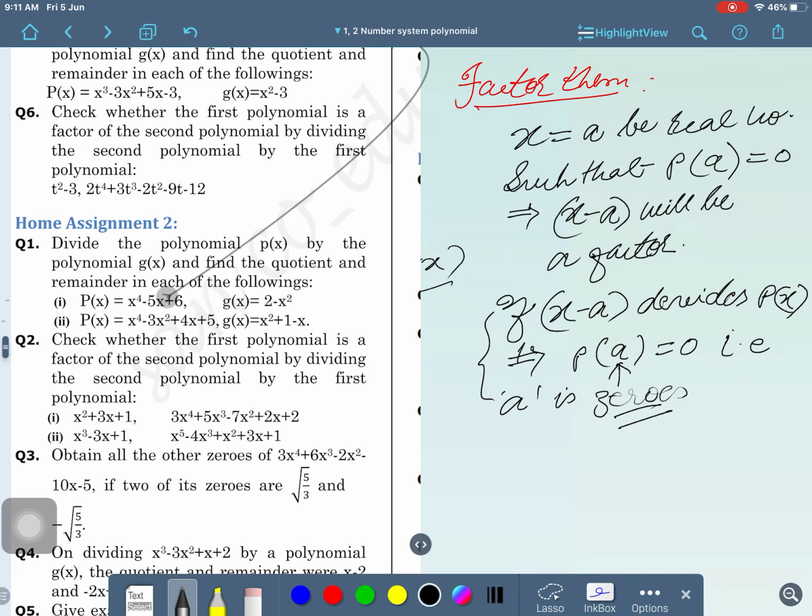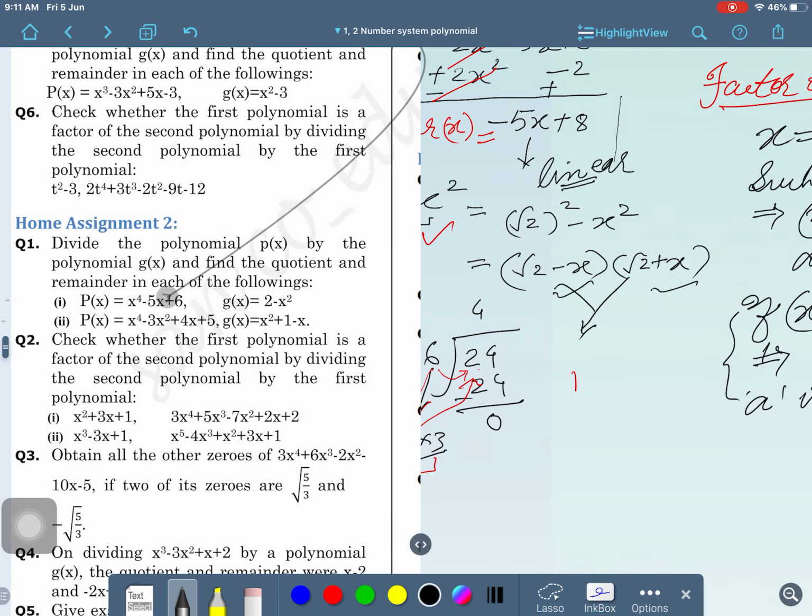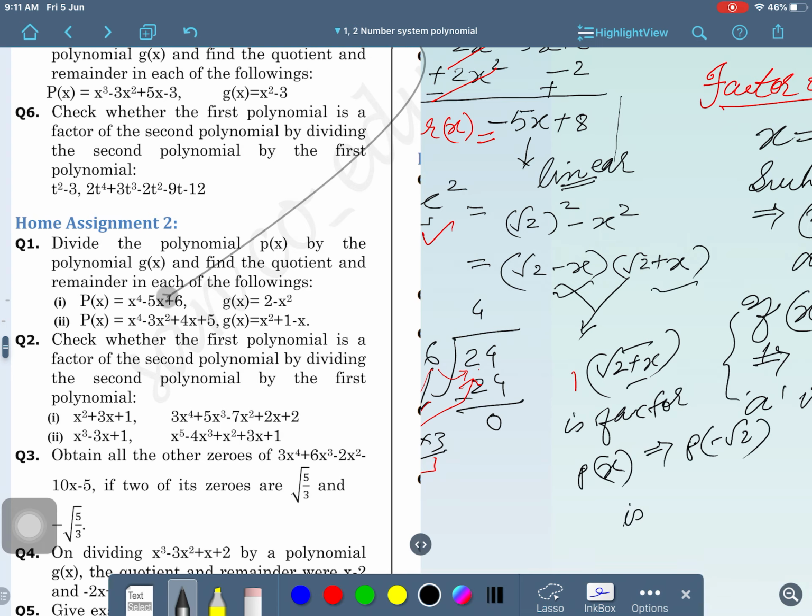Is that clear? So, the same we can understand here: x plus root 2, just like root 2 plus x. Is this a factor of p of x? If it is a factor of p of x, then it implies that p of minus root 2 is the remainder we will speak of here, but since it is a factor, p of a will give you 0.